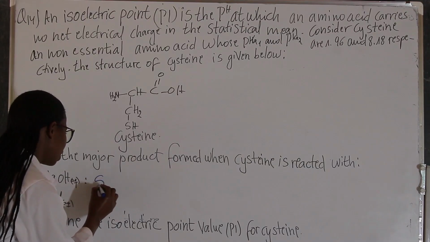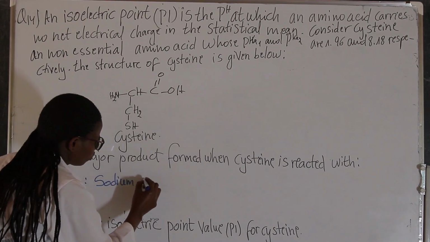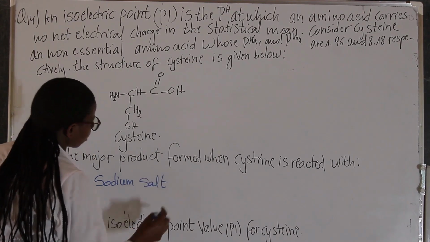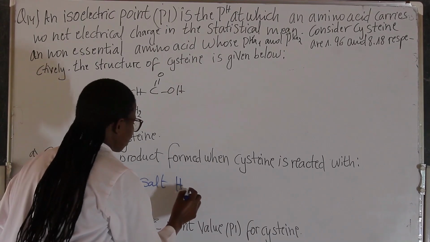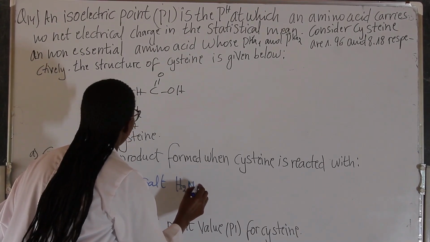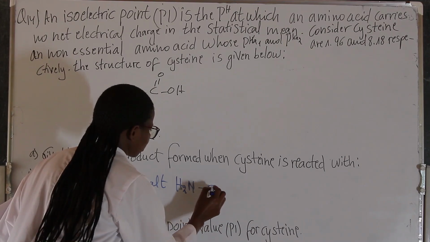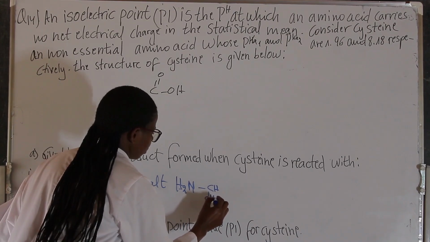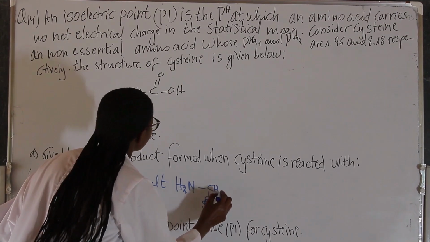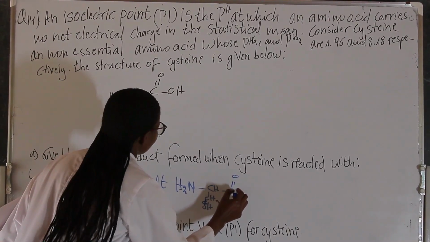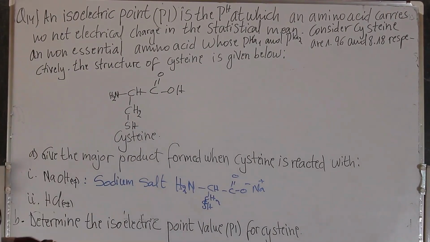The major product is the sodium salt, where we have CH2, SH, C, with COO minus, then this sodium plus will be attached here.